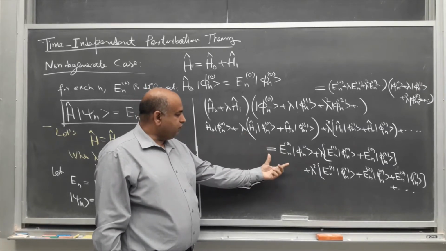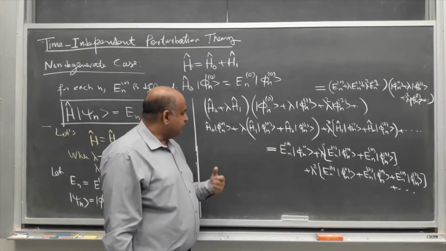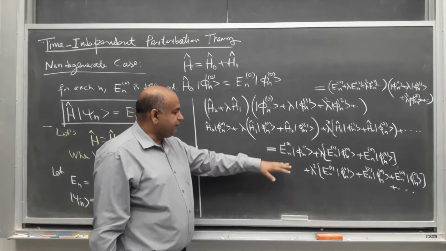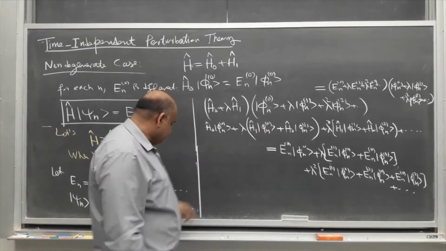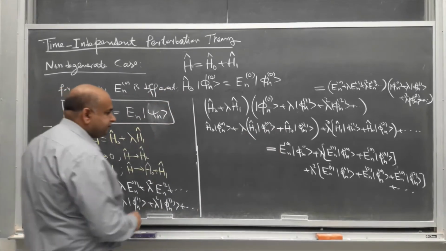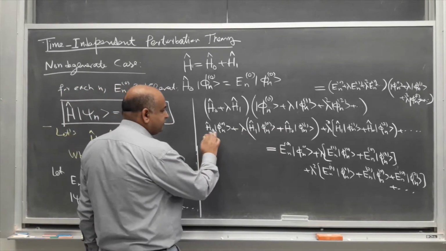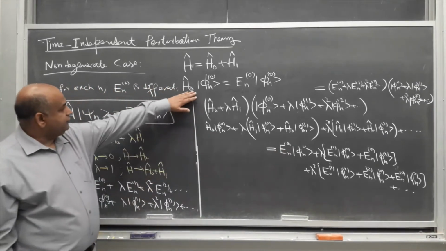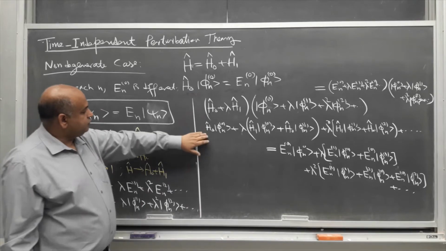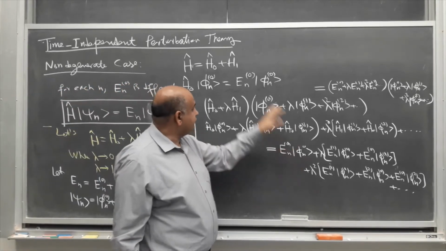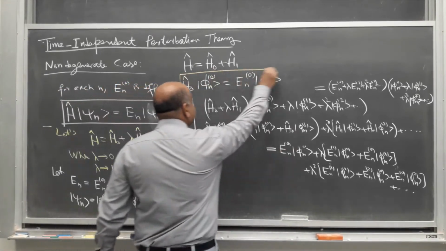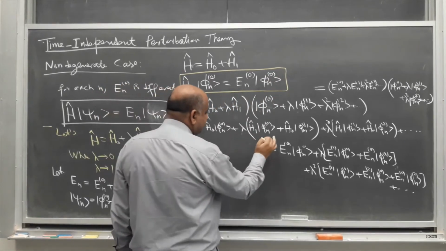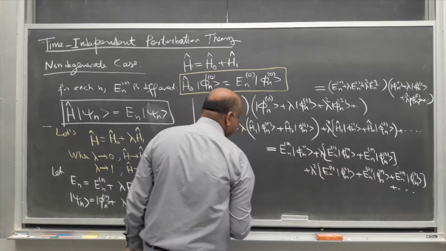So now we have this equation, and this lambda is an arbitrary parameter, and if we want both sides to be equal for all values of lambda, we need to make sure that the coefficients of all powers of lambda are the same on both sides. Which means that if I compare this with this, I get this equation, which is already here, H0 phi n0 equals En0 phi n0. So this we know already is equal. From here, you see that this has to be equal to this.